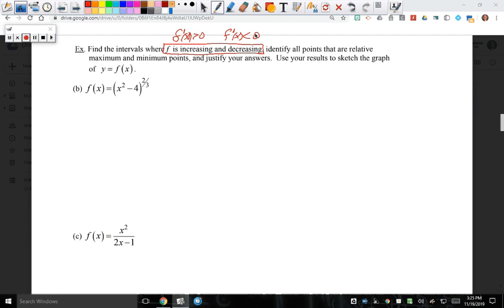So let's go ahead and work it right now. f prime of x is what? 2/3 times the stuff to the negative 1/3, oops, negative 1/3, all multiplied with what? 2x. Nice. So technically I have a 4x in the numerator.